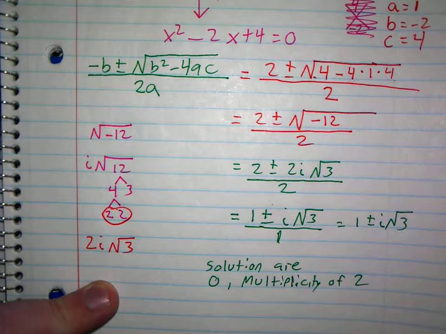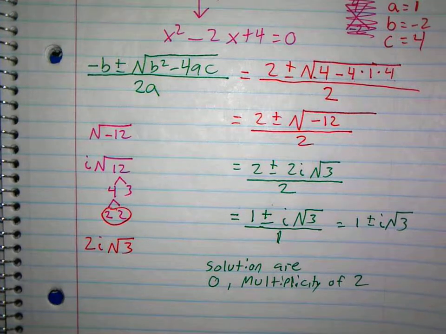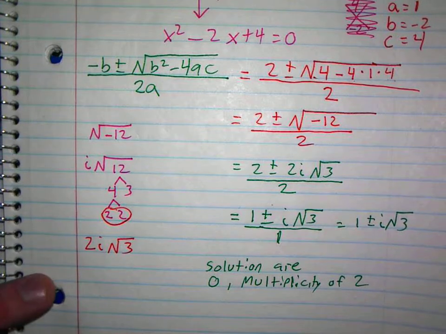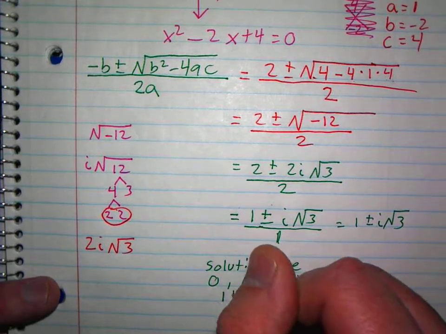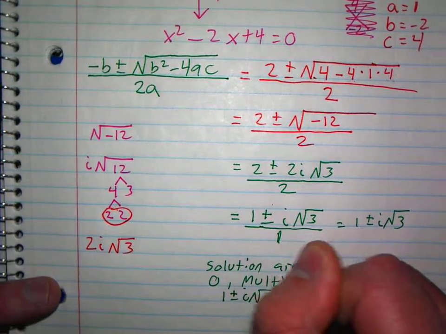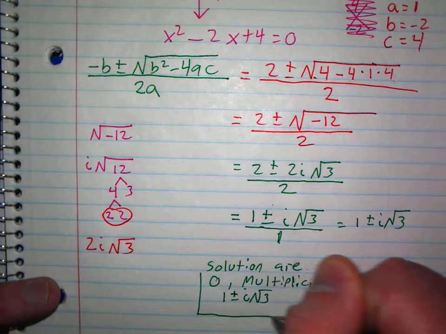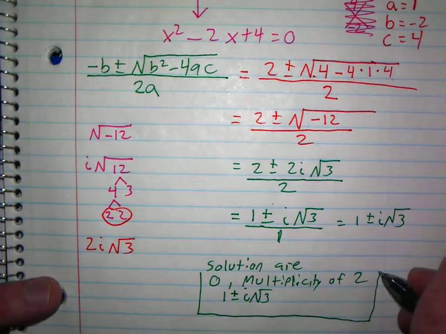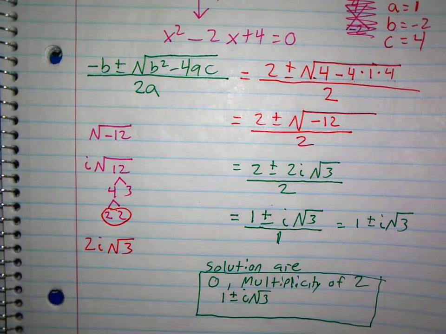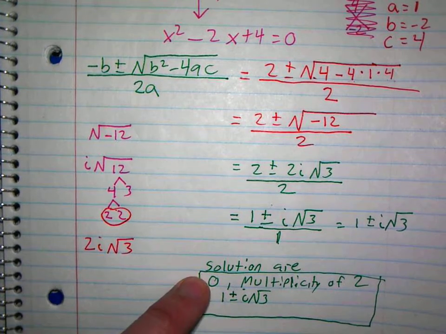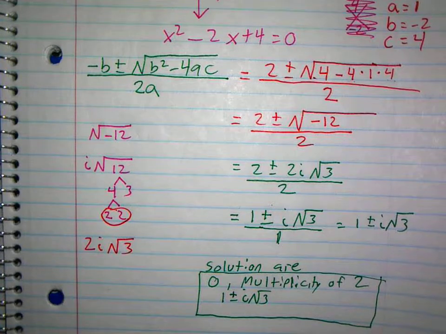Okay, if multiplicity confuses you, that's fine. But I need to make sure I know that 0 happened twice. Okay, and then my 2 imaginary was 1 plus or minus i square root of 3. And I always box in my answer so the teacher could find it. Okay? So those are my 4 solutions. There's 2 here, 2 here, 2 plus 2 is 4. I'll have all 4 solutions.